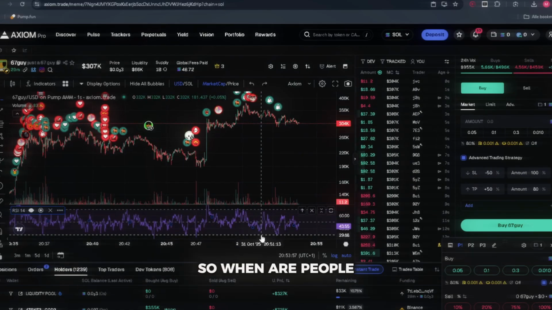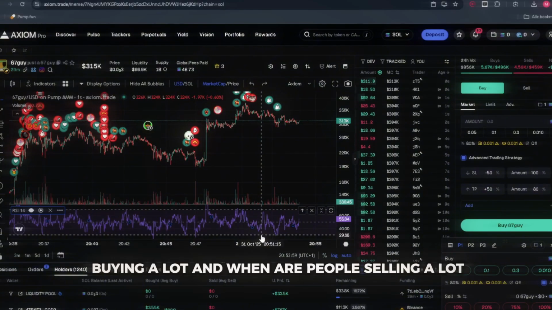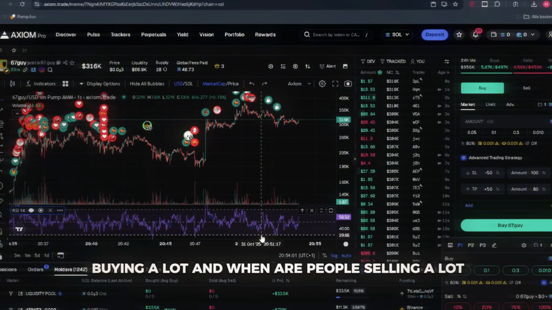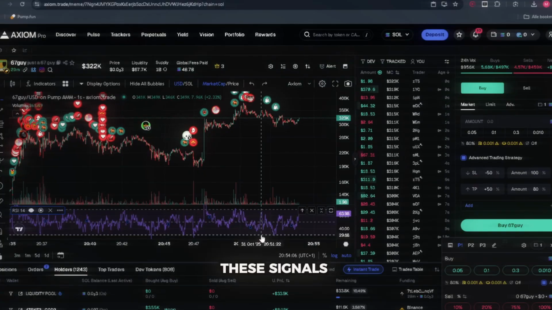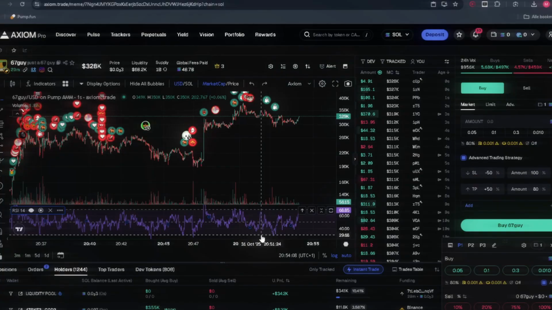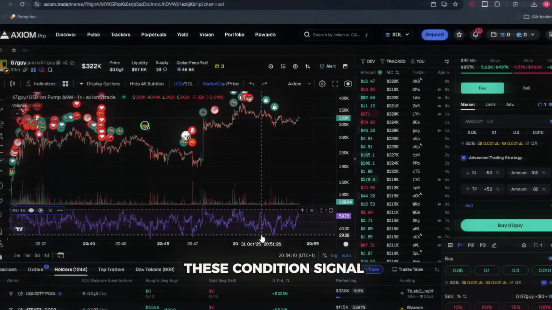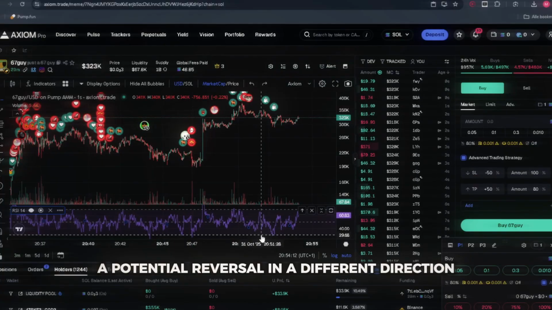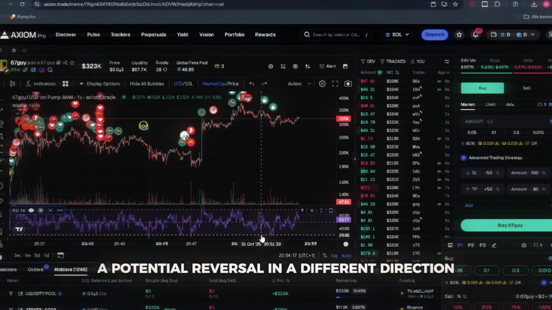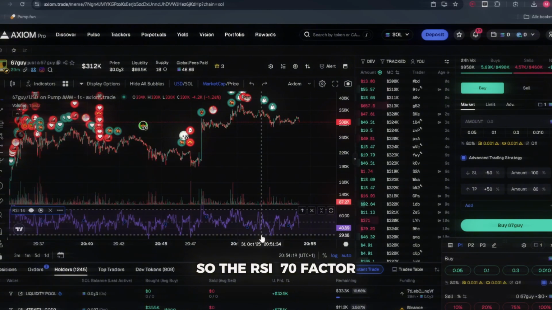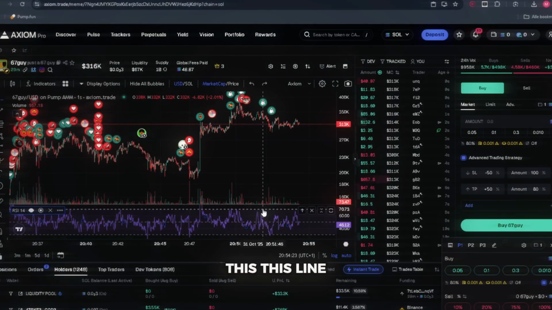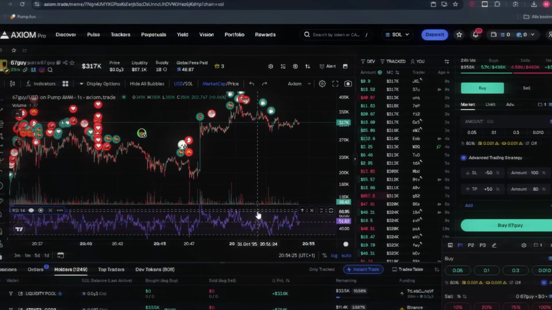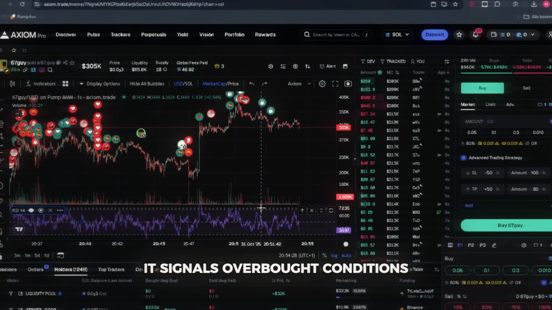So when are people buying a lot and when are people selling a lot, and these conditions signal a potential reversal in a different direction. The RSI 70 factor, which is this line, signals overbought conditions.